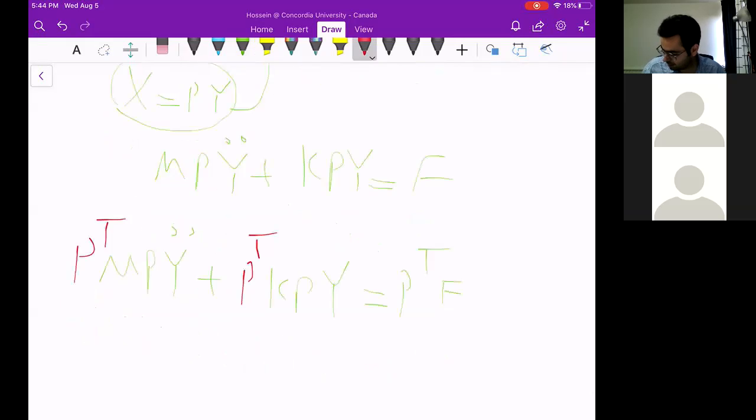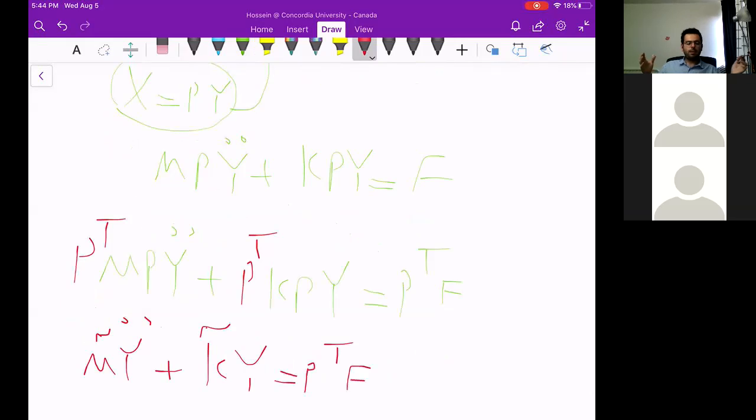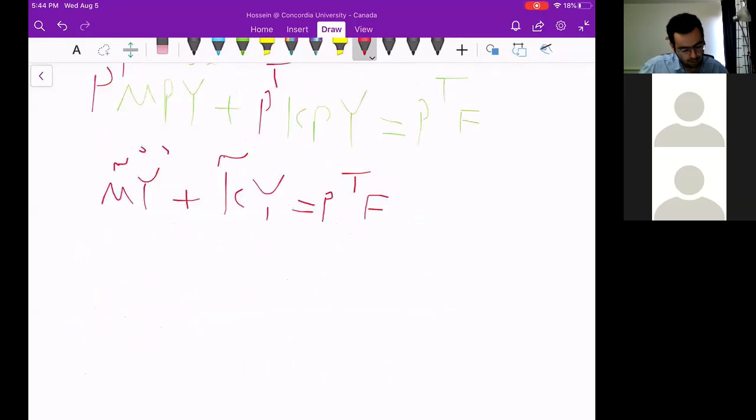Let's call it, in my notation, M hat y double dot plus K hat y is P transpose F. So it is diagonalized: M is M11, 0, 0, M22, and K is K11, 0, 0, K22. So there would be two uncoupled equations of motion.